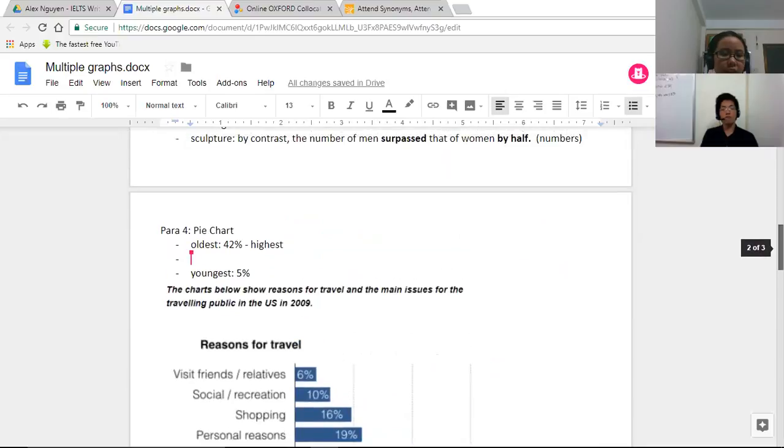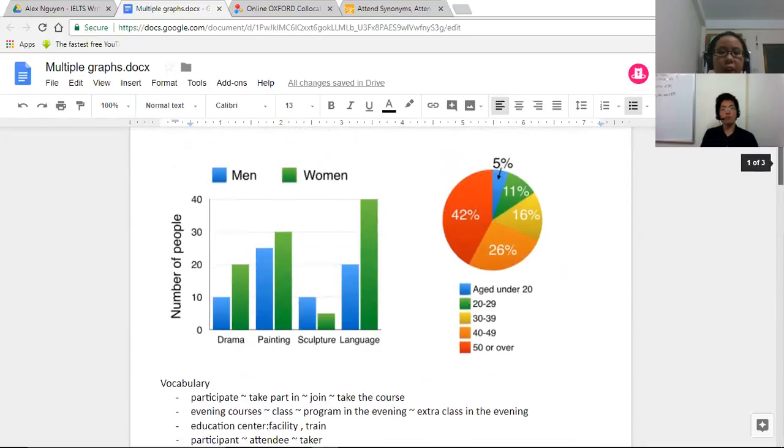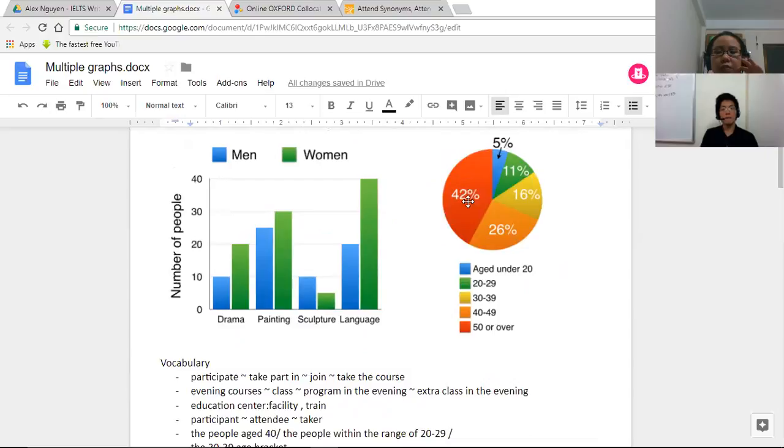Okay, let's look at your oldest, youngest, right? You say for one pie chart like this, there's actually not much information. That's the first thing we can see. It's very easy to make the mistake of listing all of the numbers. It's very easy to describe all of the age brackets here. Don't you think?